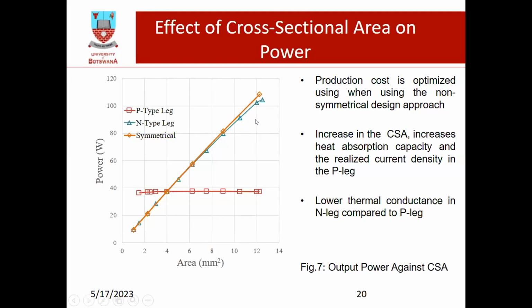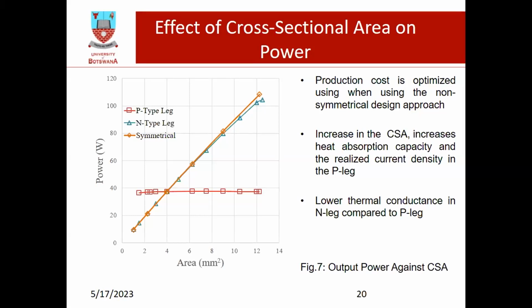Yeah, okay. When you see here, for the symmetrical module and the non-symmetrical module, the P-type module, which had the higher area, generated relatively the same power compared to the symmetrical module.